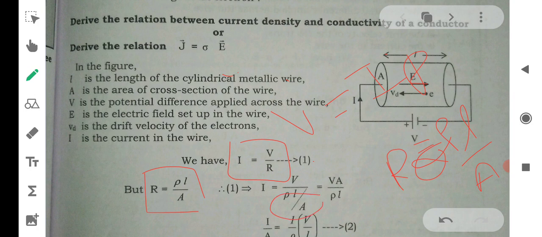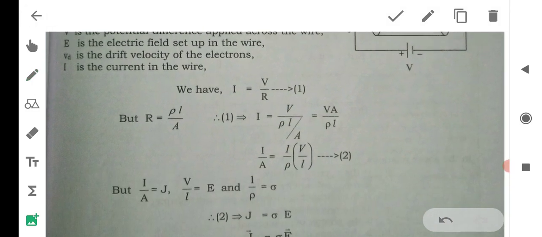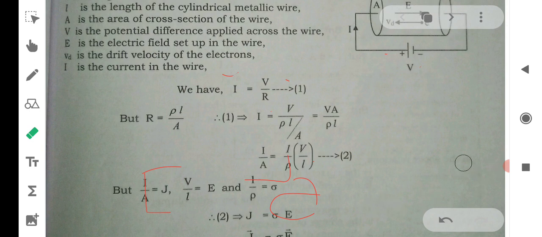Substituting this R value in equation 1, I equal to V divided by R, the denominator goes to the numerator, and I equal to V into A divided by rho L. It is a very simple derivation.